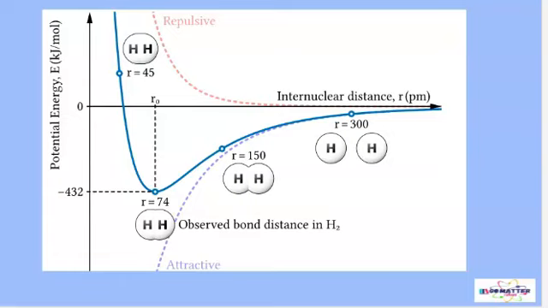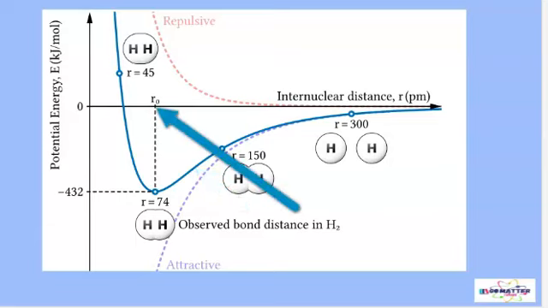The net electrostatic force is of attraction as the atoms approach each other. The attractive force decreases as the atoms approach each other, and the repulsive force increases. During the approach, the stronger attraction force results in a decrease in potential energy.